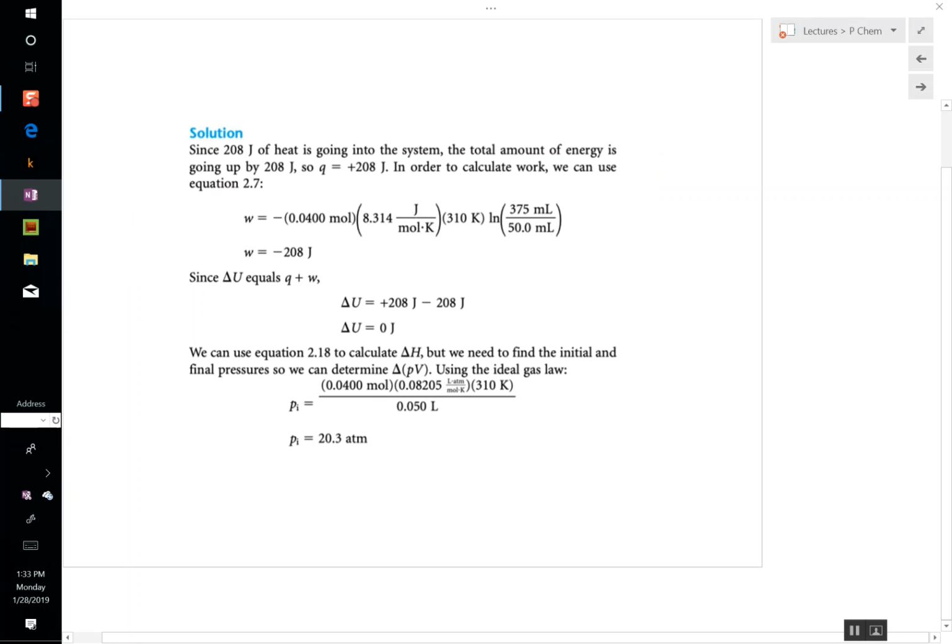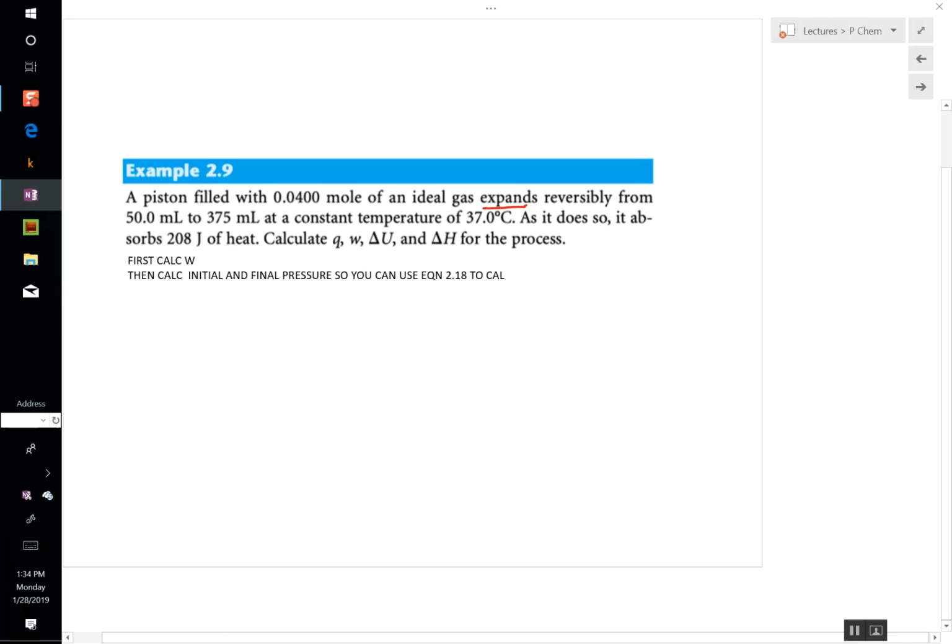All right, we work down through this. 208 joules of heat is going into the system. The total amount of energy is going up by 208 joules. So Q is positive. Let's get the description.